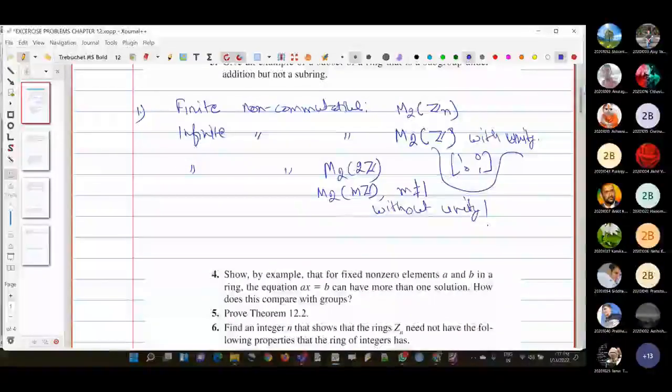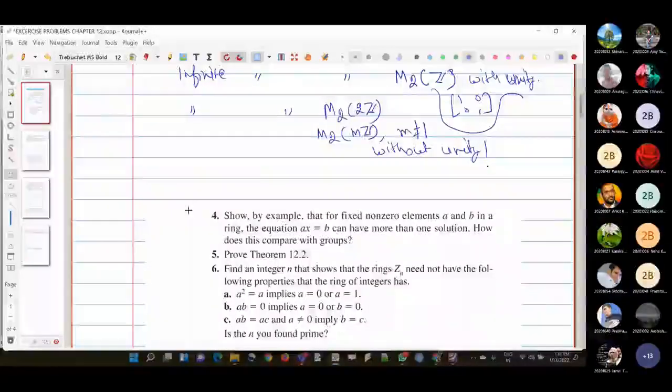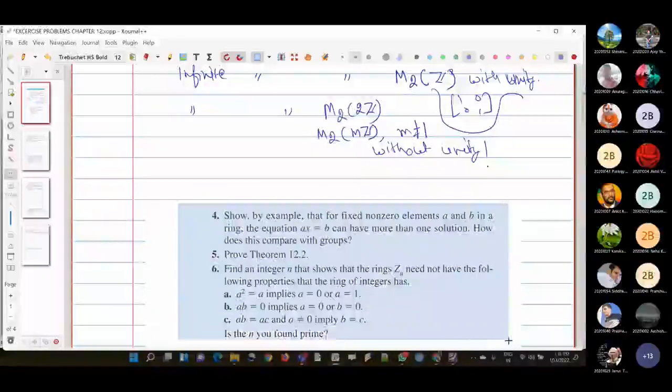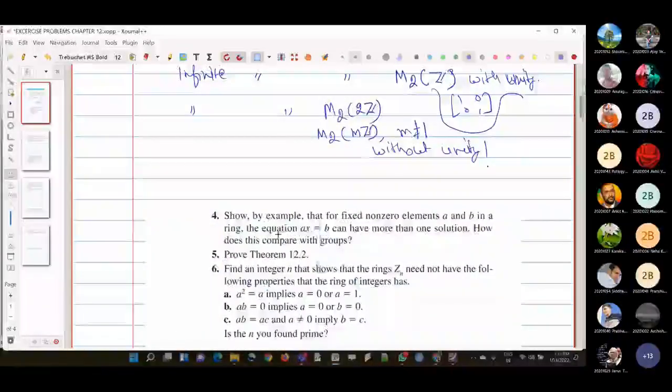Okay. Do you have any idea, sir? Yes sir. Multiplicative associativity or closedness will not hold. Yeah, closedness of this set under multiplication, one thing. Another is associativity.